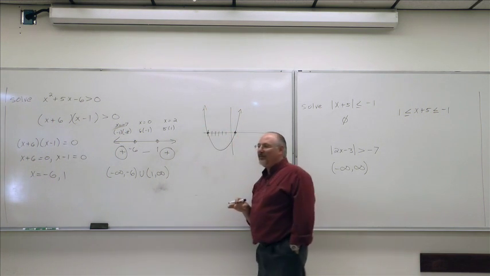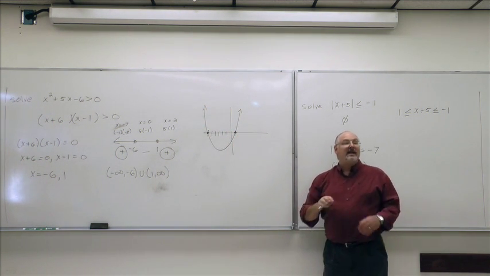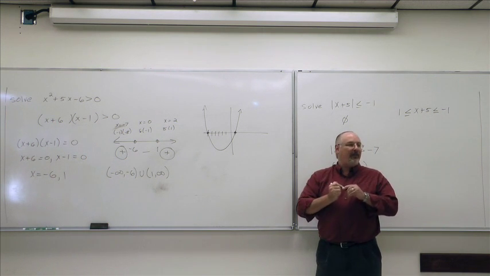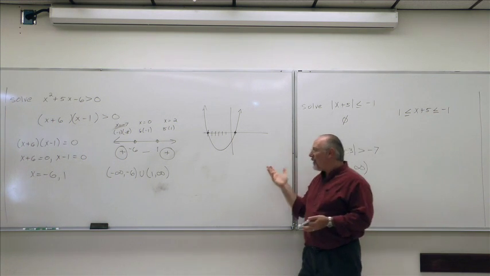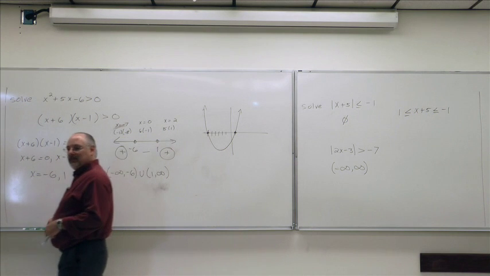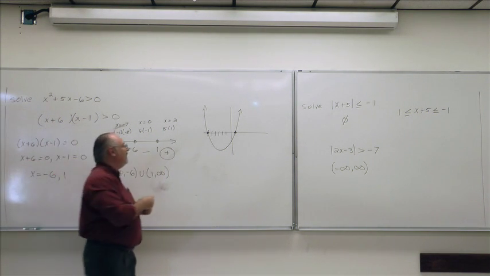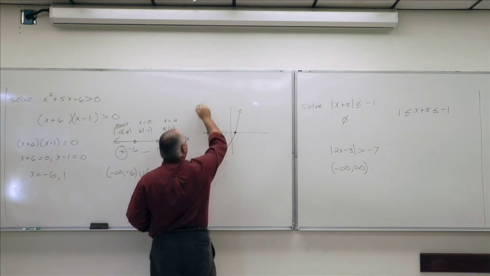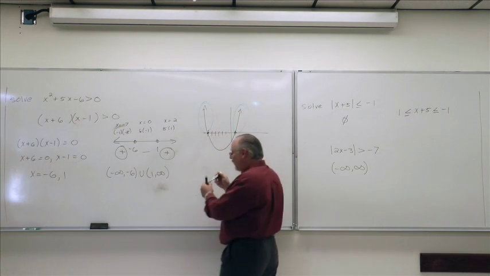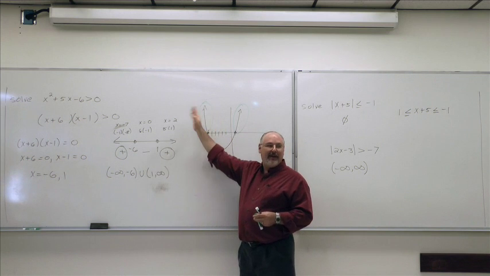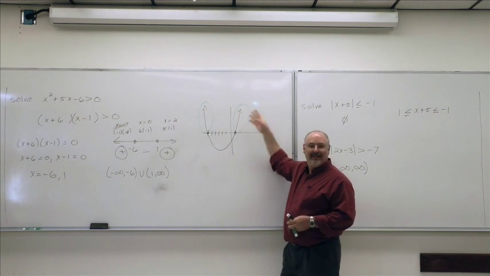Super accuracy here is not important. Now, where are the positive regions on this graph? Above the x-axis. So that's this piece and this piece. So where are those? To the left of -6 and to the right of 1.